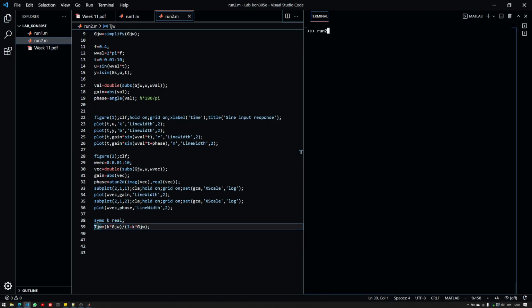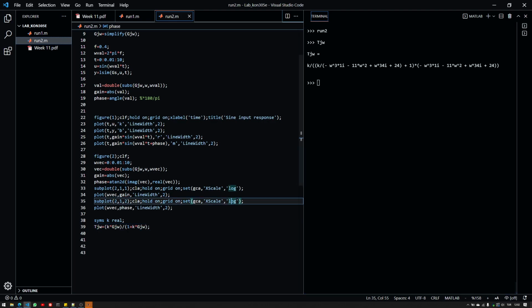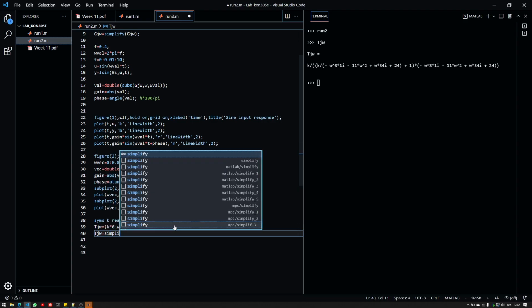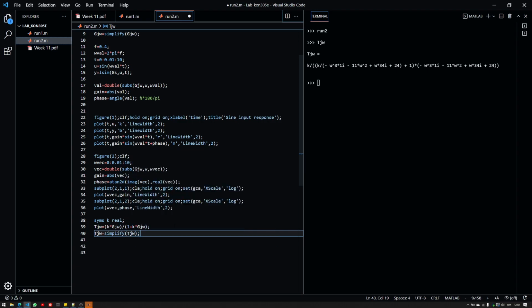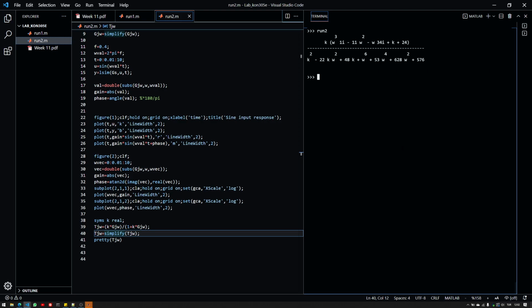What would happen if I do this? Of course, we need to simplify here, and then maybe prettify. So now this is basically the closed loop. And what I need to do is think about this: I will have a certain omega value, and then this will become only K dependent.